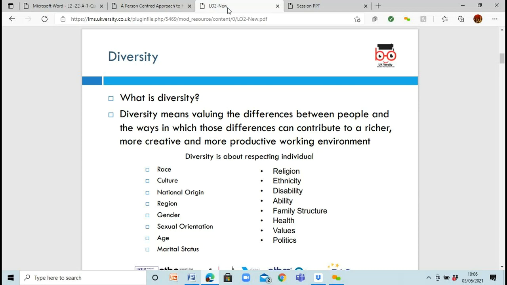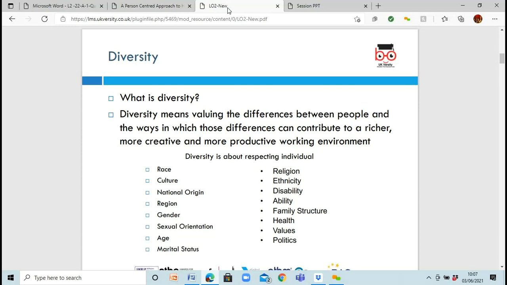It's about their race, culture, national origin, region where they're from, gender, sexual orientation, like we said, age, marital status, religion, ethnicity, disability, physical ability, family structure, health, values, and politics. So it's about everything that makes a person.